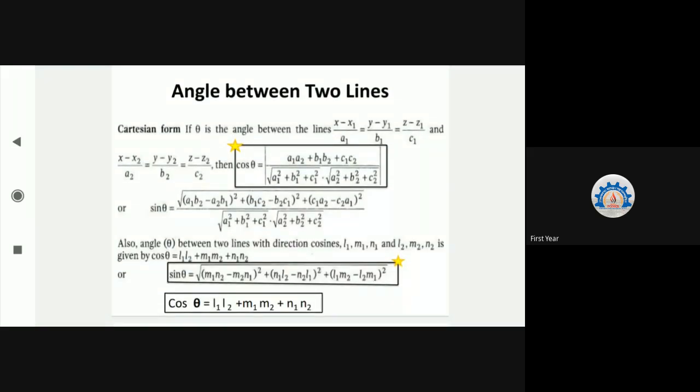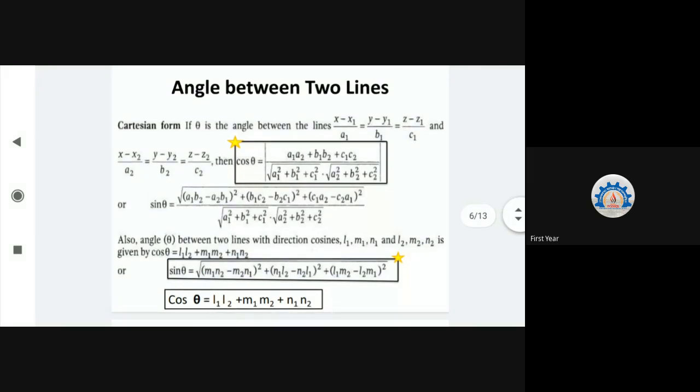The angle between two lines in Cartesian form: if the line equation is x minus x1 upon a1 is equal to y minus y1 upon b1 is equal to z minus z1 upon c1. Here a1, b1, c1 are the direction ratios of the line. And the second line is x minus x2 upon a2 is equal to y minus y2 upon b2 is equal to z minus z2 upon c2.